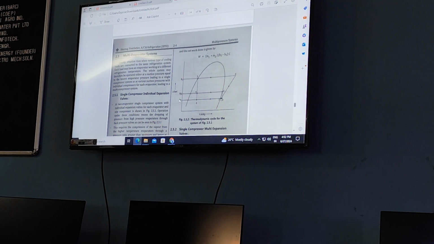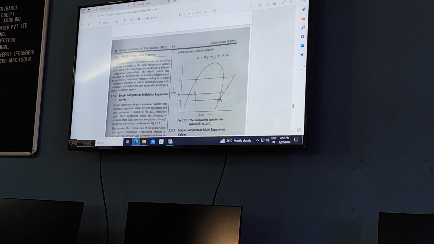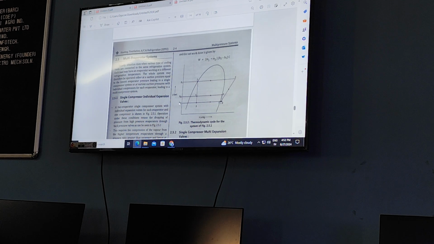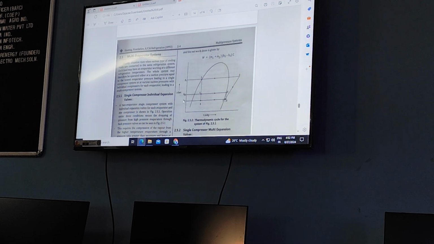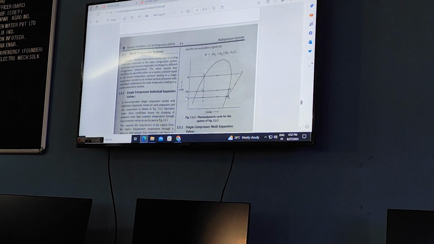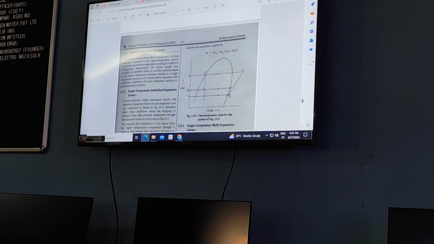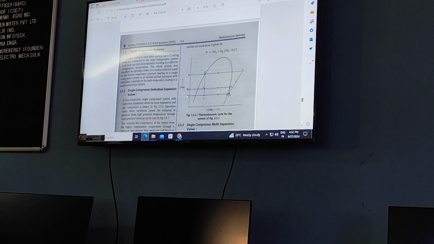Now the second section, the multi-evaporator system. In a multi-evaporator system, a single condenser is there. What is the main purpose of the multi-evaporator system?